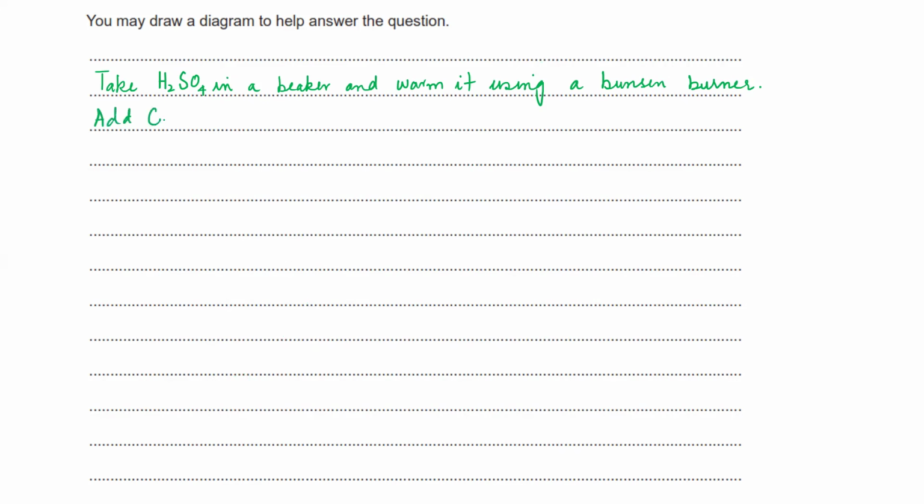Add copper oxide to the beaker containing warm H2SO4 and stir it using a glass stirrer.